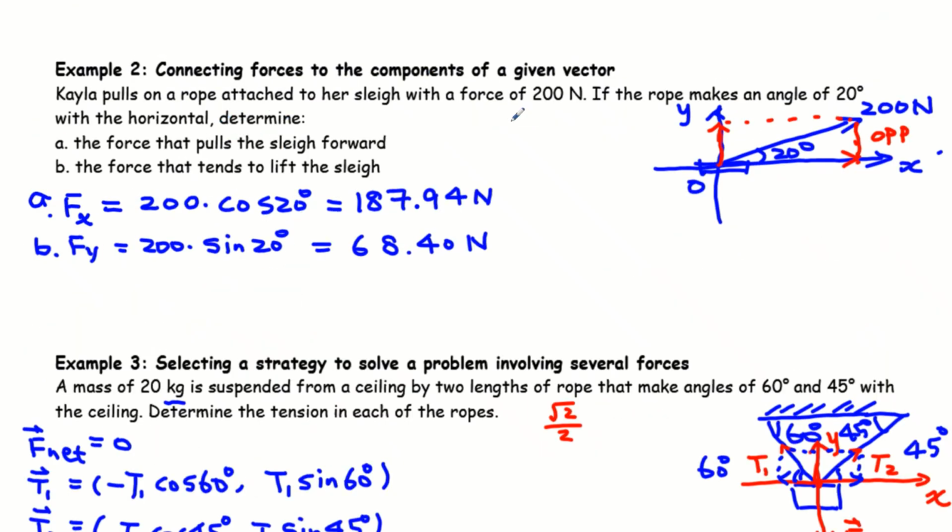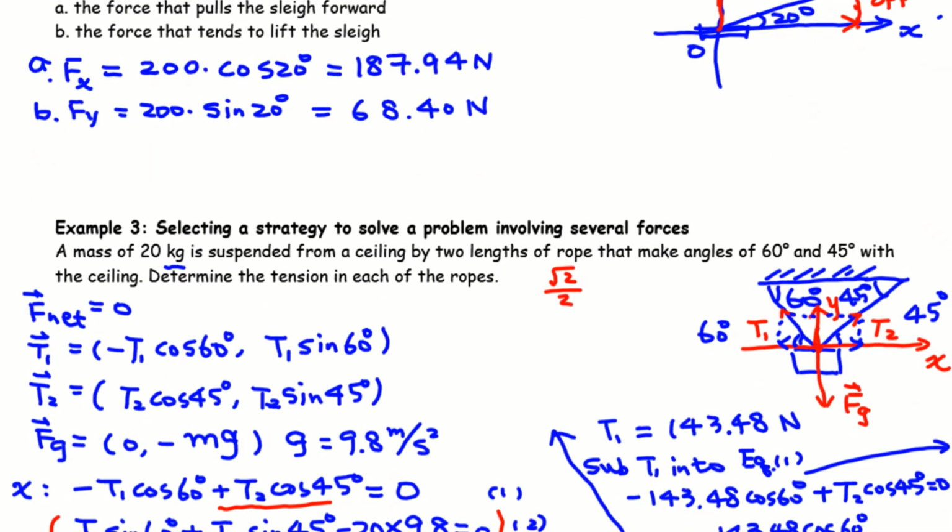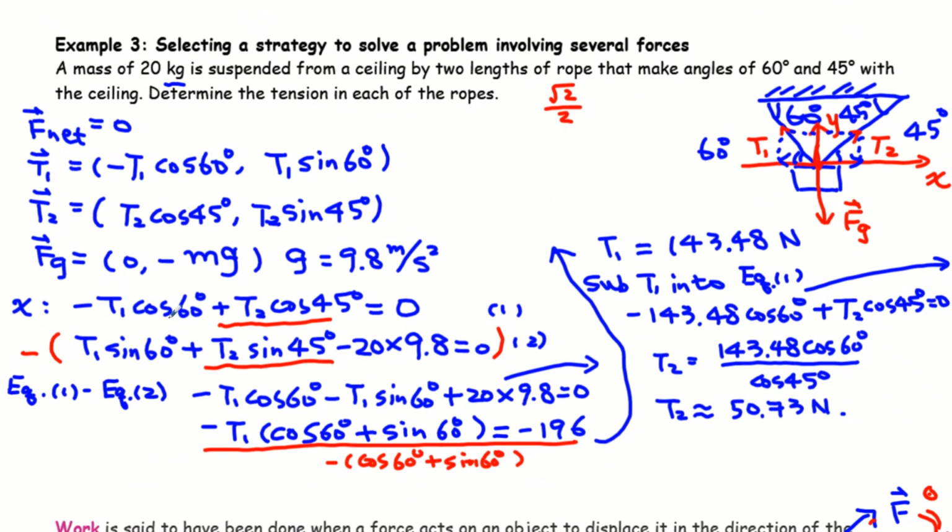So the component force has meaning. This is a force that pulls the sleigh to the front, and also a force that tends to lift the sleigh. And if there is more than one force, we just find all the components, x component, y component.